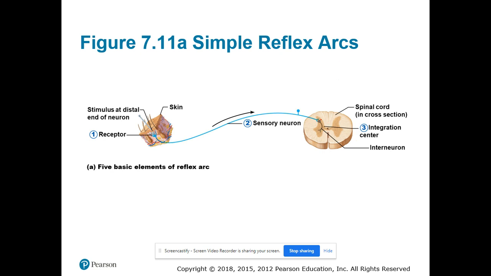So here, this is showing the integration center is just your CNS. But sometimes you can have that interneuron. Hopefully you guys remember that connects your sensory and motor neuron. This goes on to a motor neuron that's going to stimulate a muscle. And that muscle that is stimulated is that effector organ.